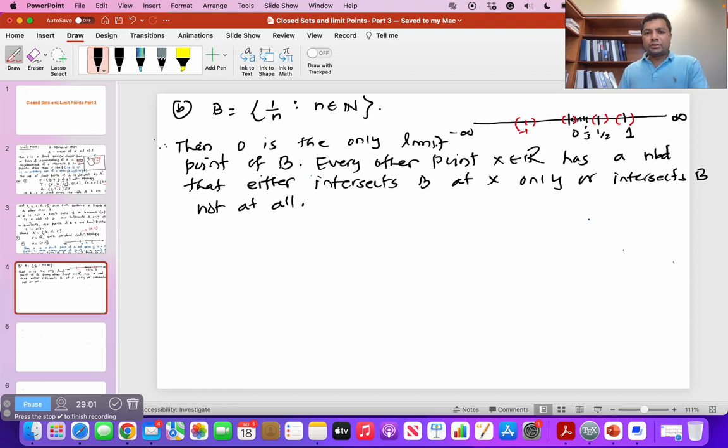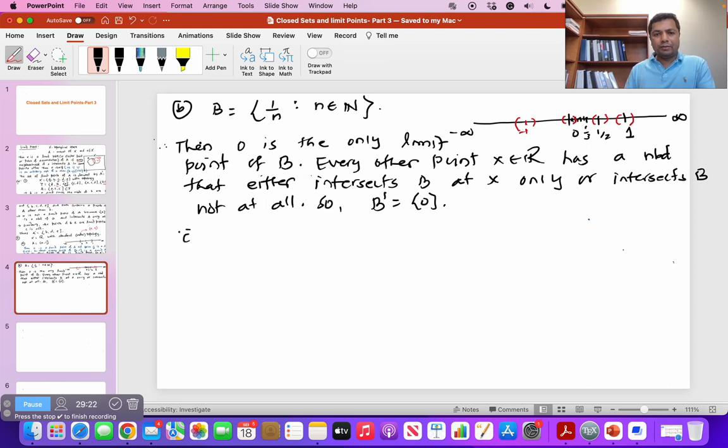So the point 0 is the limit point of B, and every other point X in R has a neighborhood that either intersects B at X only, or not at all. So B prime is only 0.